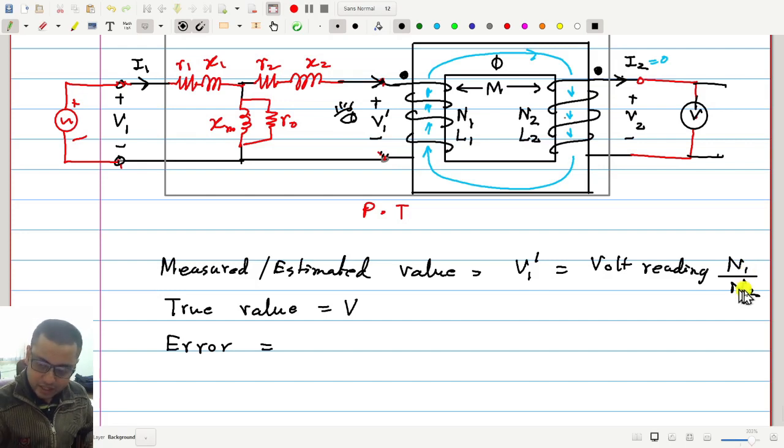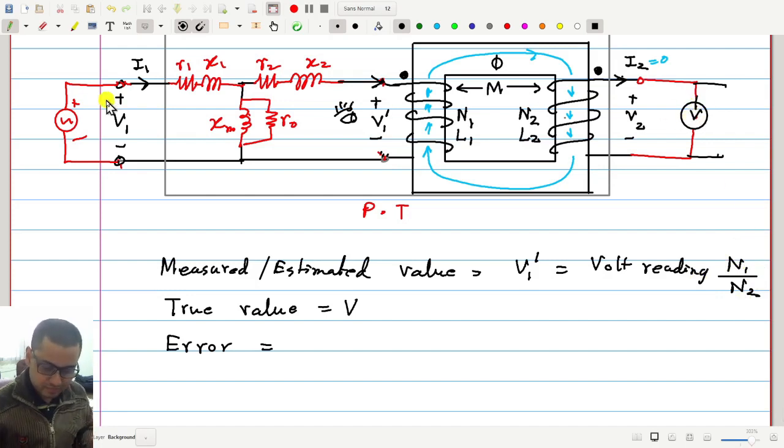I am telling this from the perspective that I can already calibrate this meter by multiplying with this constant N1 by N2, so that it directly gives the reading of the primary voltage. It will not be accurate, but if you multiply the voltmeter reading with this, that will be the approximate input voltage.